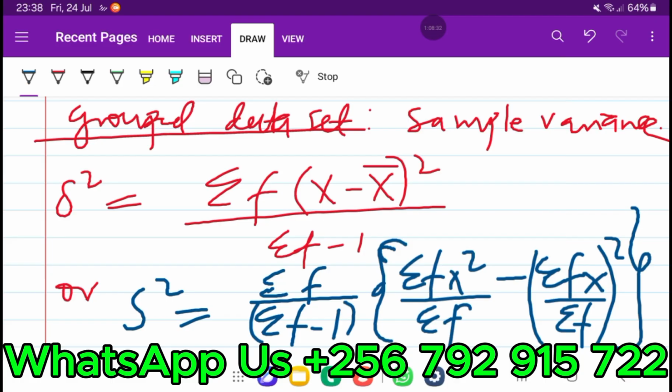So that's basically what I wanted to look at as far as the formulas are concerned.